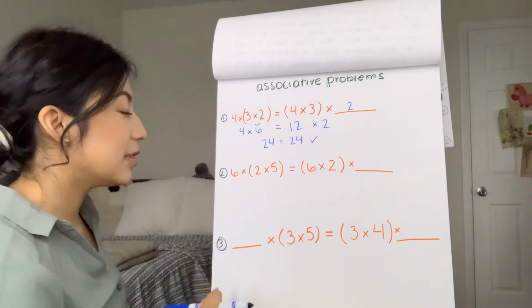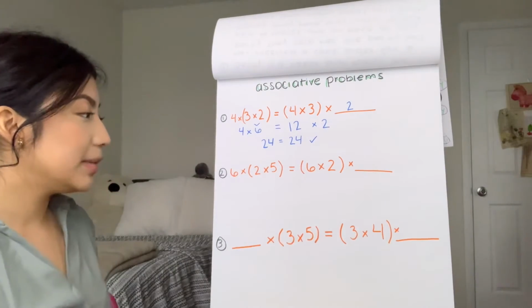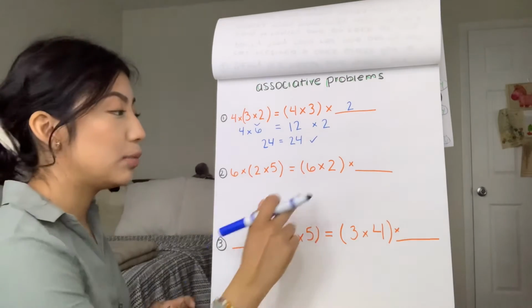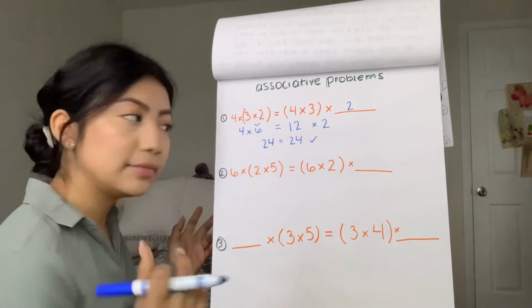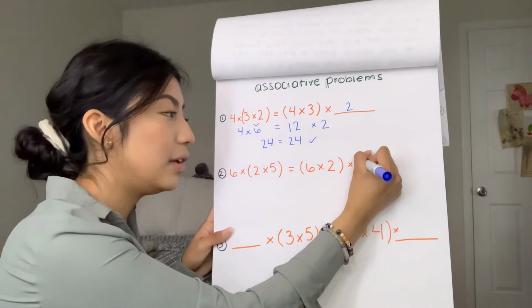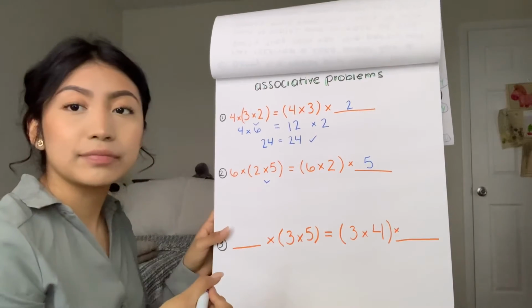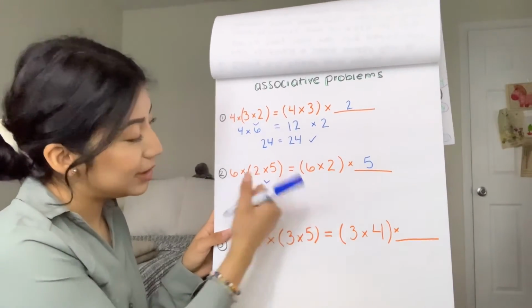All right, so let's go on to number 2. So let's look at it. What number here is missing? We have our 6 times 2, and we have 6 times 2 here. So what number is left? Our 5. Awesome. So what is 2 times 5? 10. And what do we do with this number right here?